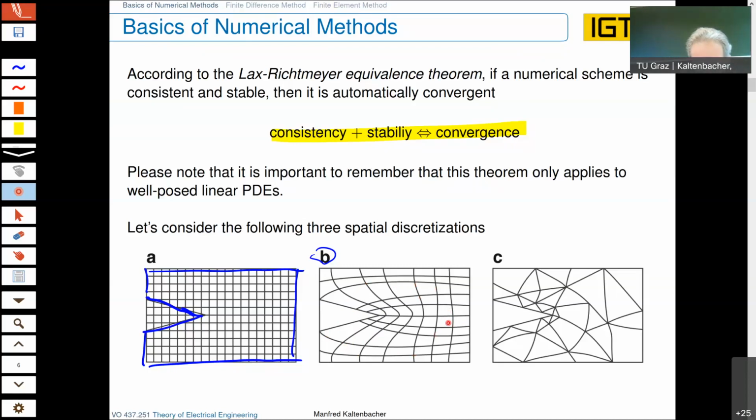And then in part C, you again have very different sizes of the elements. And you can even have triangles combined with quadrilaterals, or in 3D, you can even combine hexahedra with tetrahedra, having pyramids, prisms, everything. And that is a typical finite element mesh.